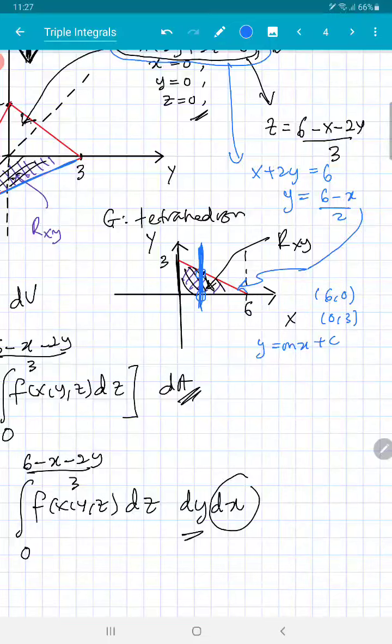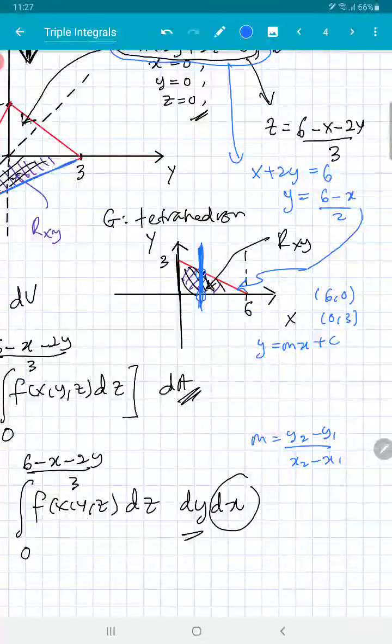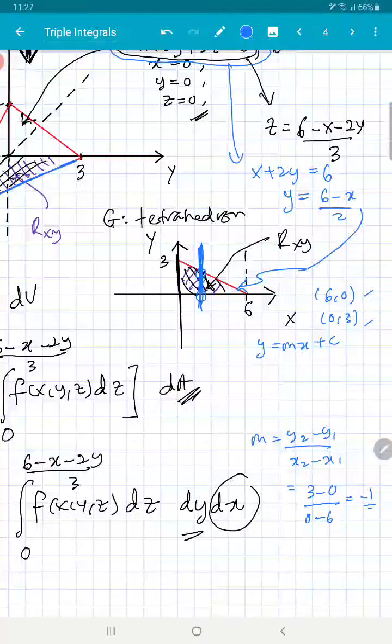Remember m is y2 minus y1 over x2 minus x1. You can use this one as x1, y1 and this one as x2, y2, or vice versa. Let's say we have 3 minus 0 over 0 minus 6, which is really negative a half.